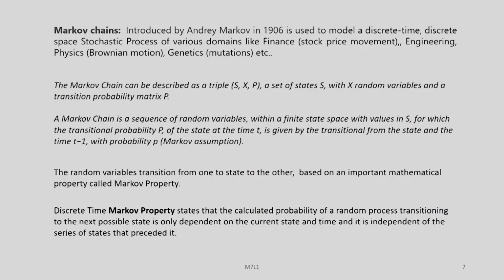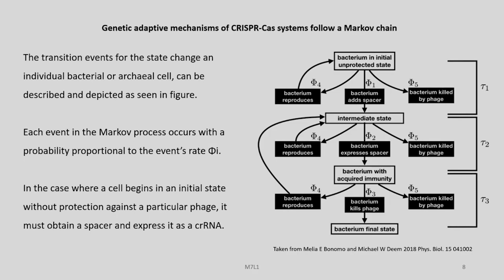Okay. So now we are going to use this example to understand some of the important concepts in CRISPR biology. The genetic adaptive mechanism of CRISPR-Cas follows a Markov chain model. Here you can see there is an initial unprotected state where you have a bacteria which is not immune to certain viruses.